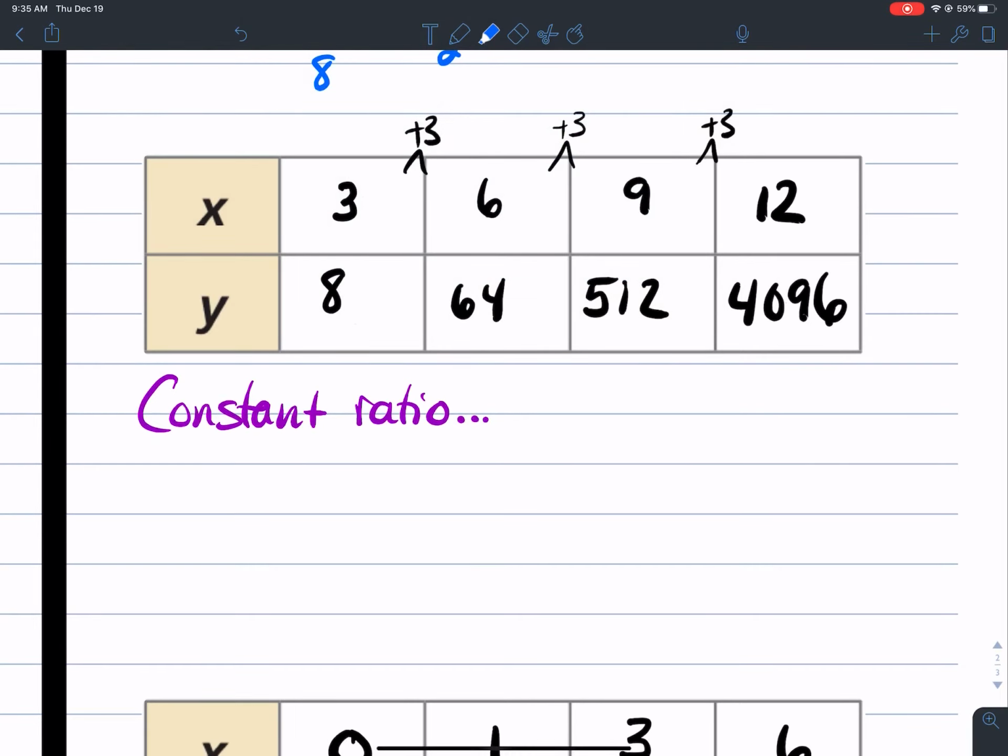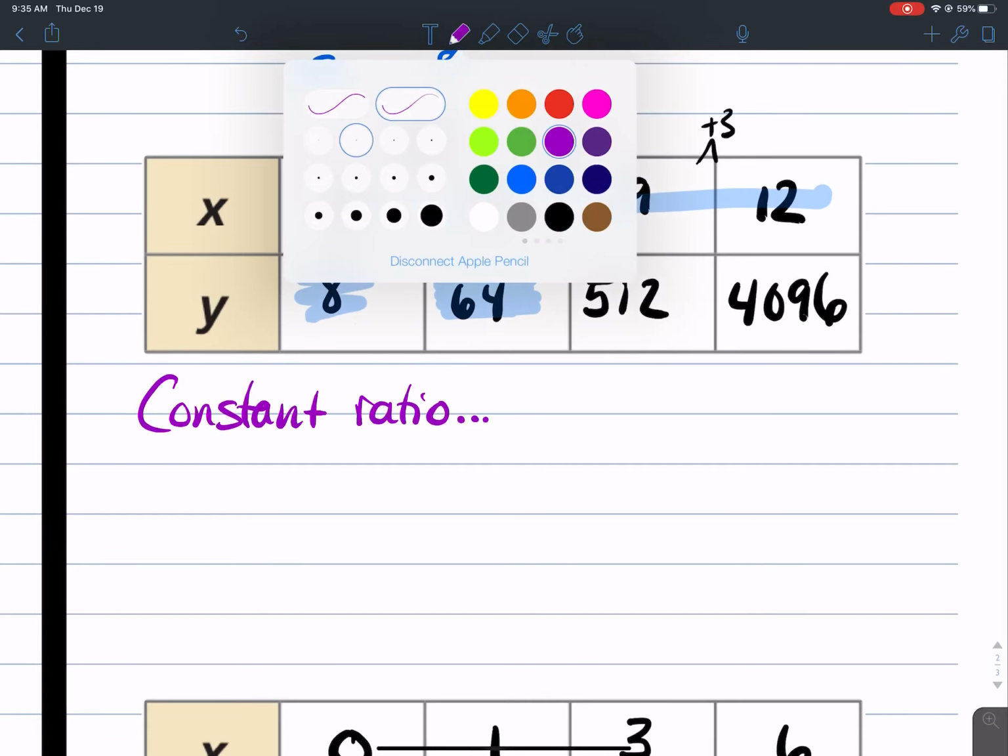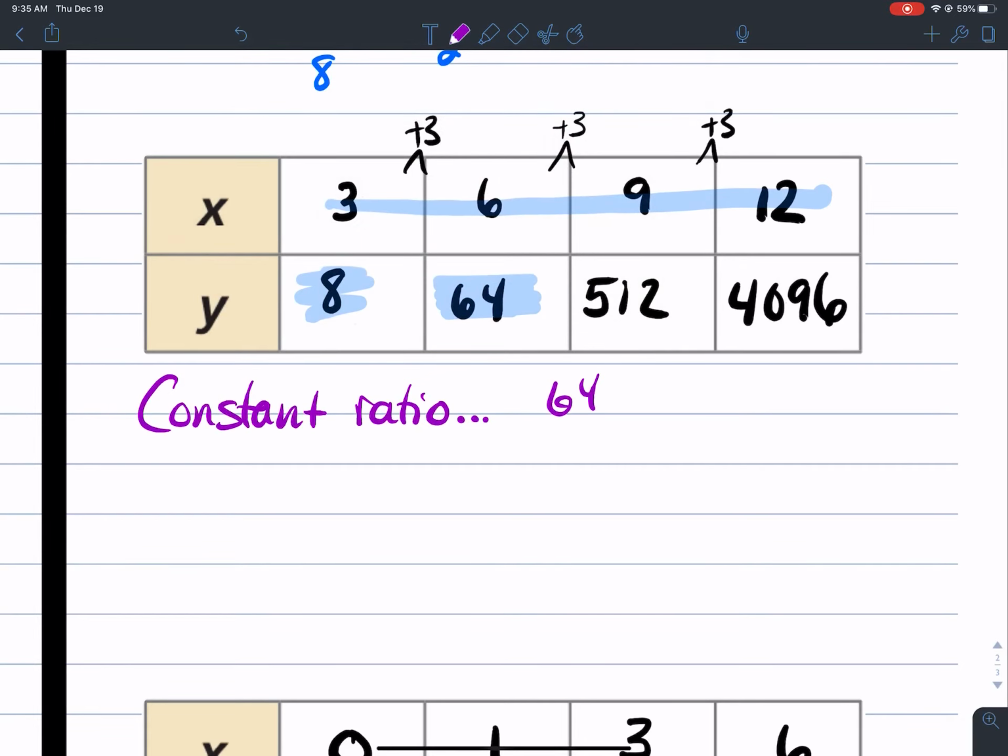So I'd take the second one and divide it by the one before it. We can see our x's are in order. So if I started with 64, I would divide it by the previous term. So my constant ratio would be 64 over 8. And we know 64 over 8 is equal to 8.